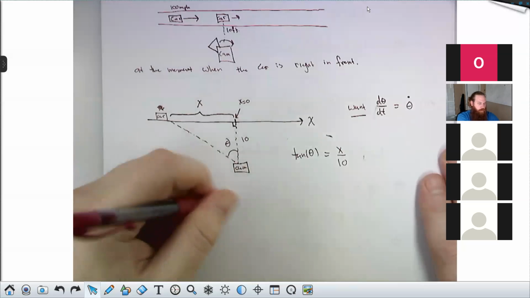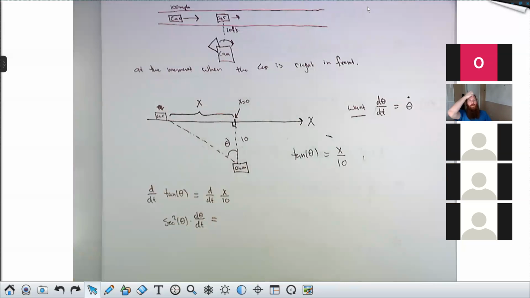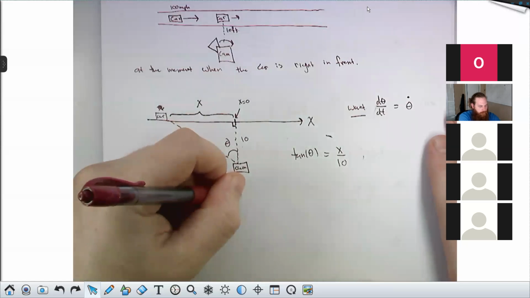And on the right-hand side, what is d dt of x over 10? Do I need the quotient rule there, or is there some other way to calculate that? You could bring the x down.